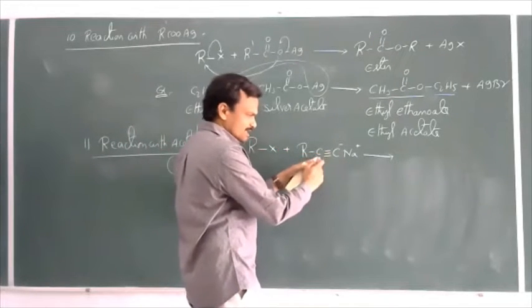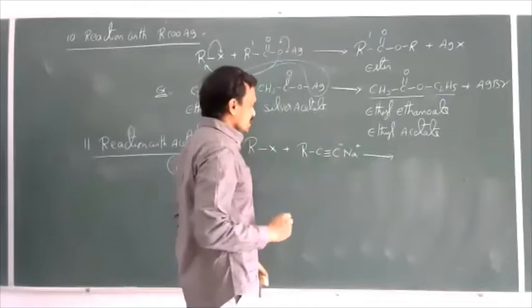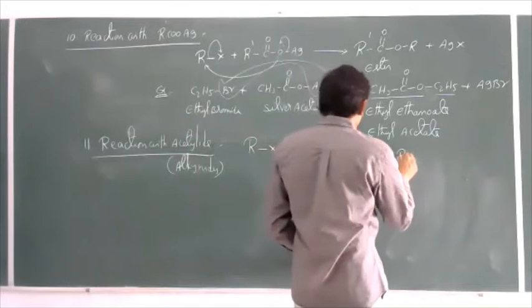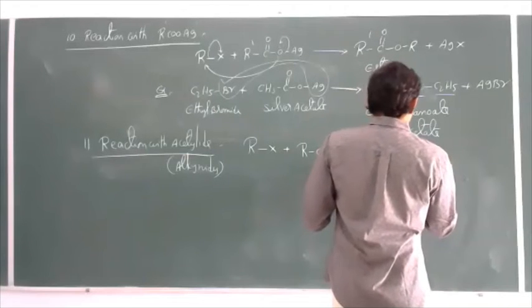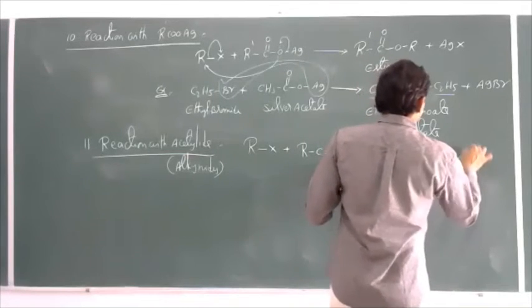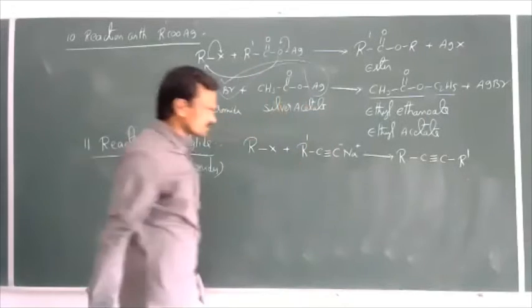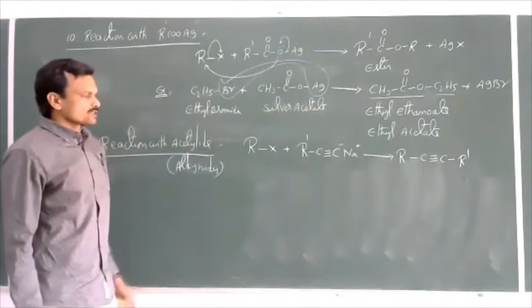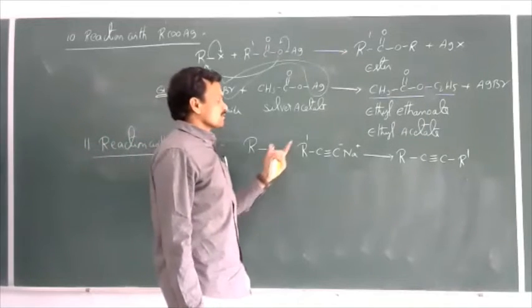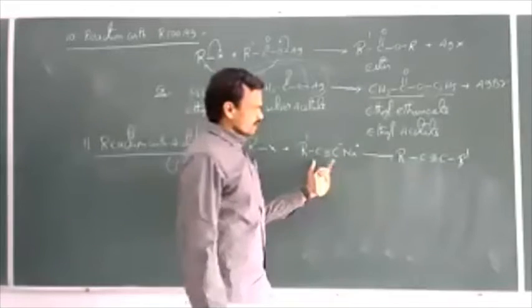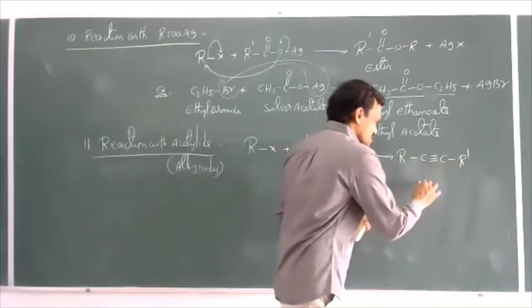then we can get R single bond C triple bond C R dash. Let it be R dash. So when haloalkanes are allowed to react with sodium salts of alkynides, then we can get alkyne as the product.